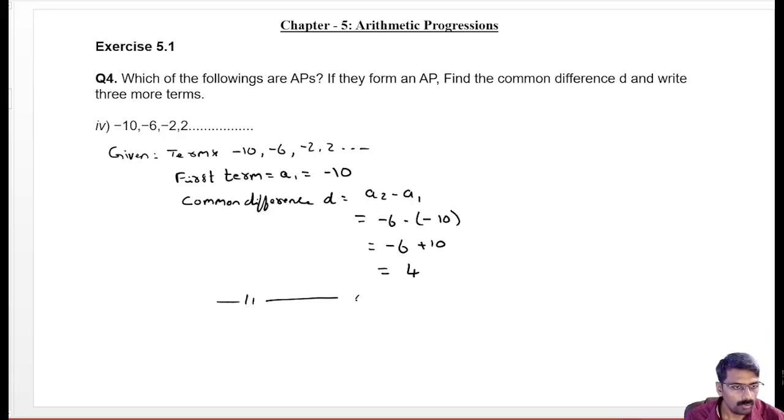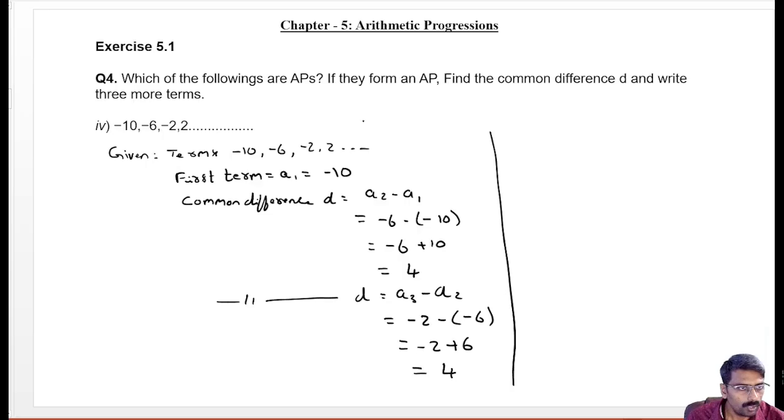Similarly, the common difference when we consider a3 minus a2, that would be equal to minus 2 minus of minus 6, which is equals to minus 2 plus 6, which is also equal to 4.